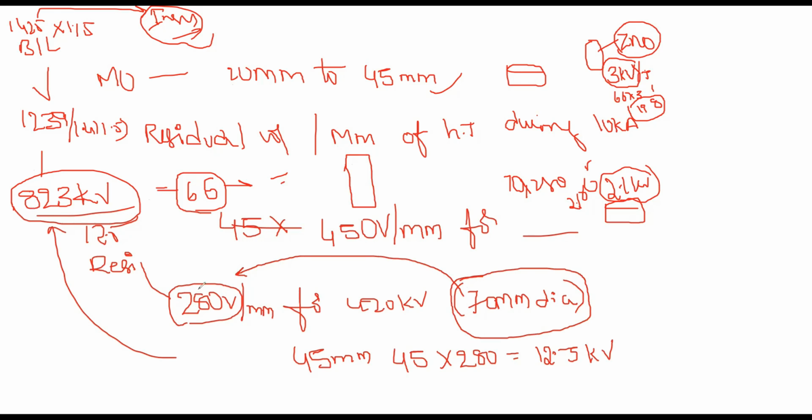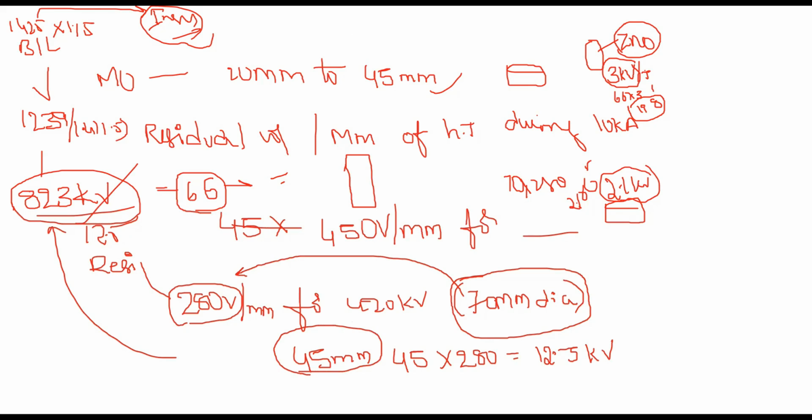I am considering 45 mm blocks here. So 45 into 280 gives 12.5. When I divide, I require 66 of the 45 mm ZnO blocks to attain 823 kV of protection level. A simple example over this.